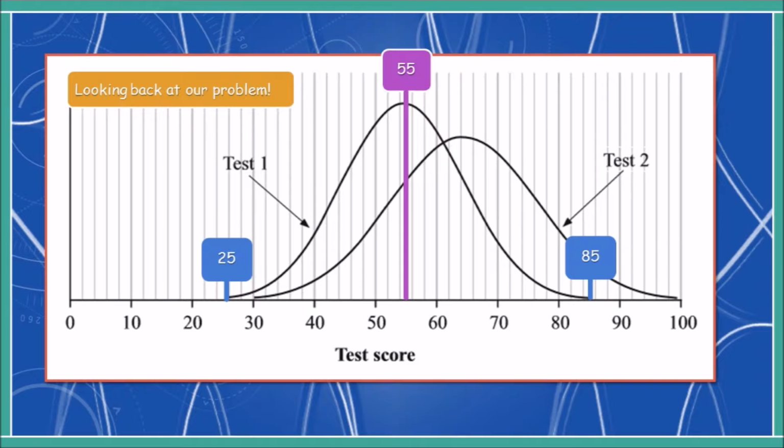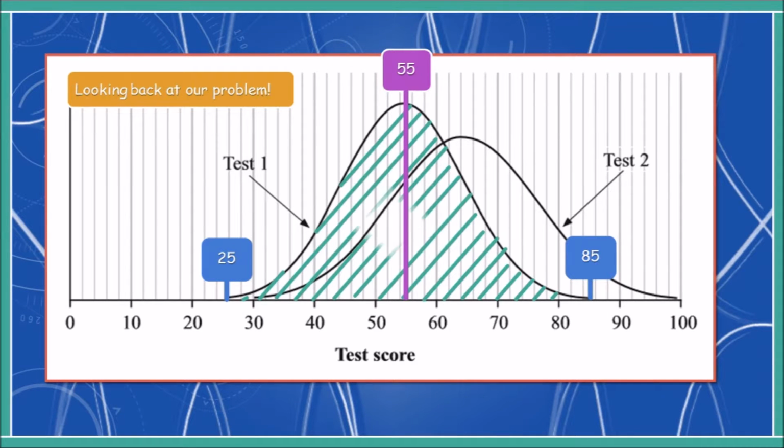If you shade the entire region, this would be nearly 100%, or in this case 99.7%. So it's safe to assume that one end should be 25 and the other end 85, and this is equivalent to mu plus or minus 3 standard deviations.